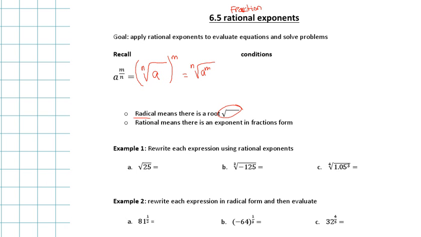The condition is that n has to be greater than 1 and it has to be a whole number. Okay, so where n is a whole number that's greater than 1.